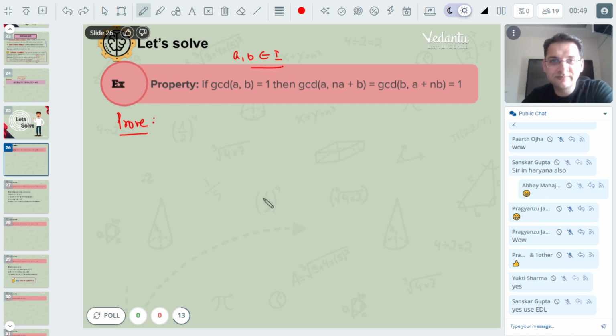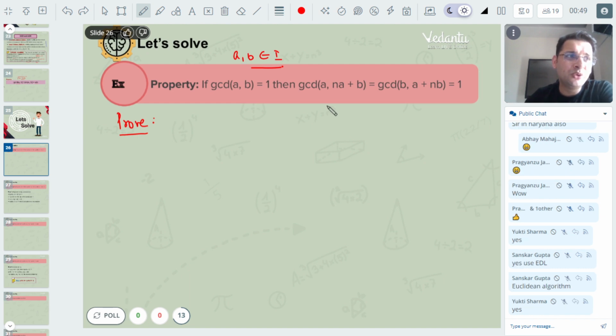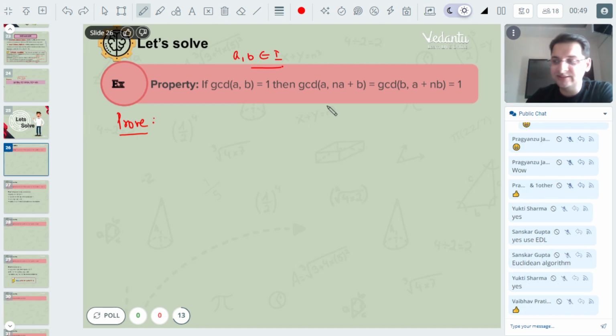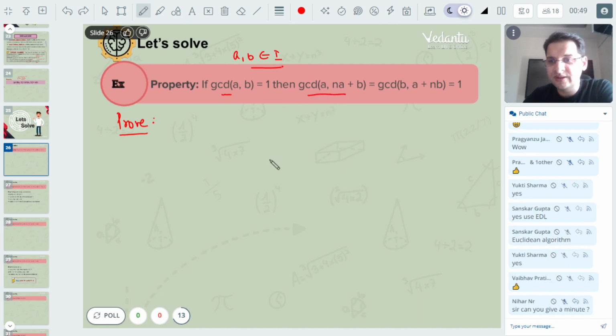So normally these kind of things are usually proved using contradiction, right? So try to inculcate this concept called contradiction. So GCD of A, B is 1. So it is given that the two numbers are co-prime to each other. We need to prove that GCD of A, let us pick any one. Take a minute. Don't worry.